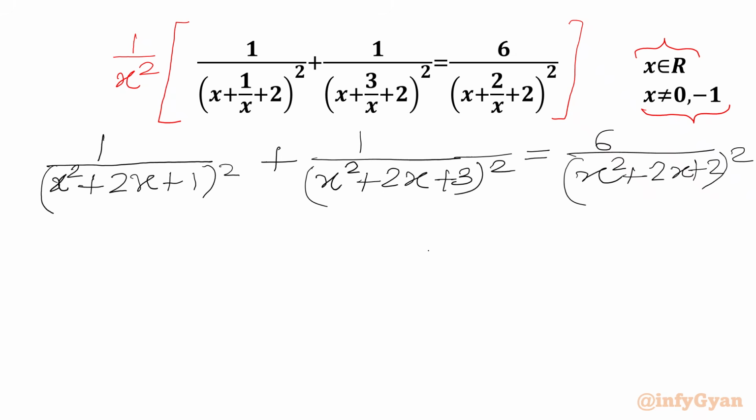Now we are going to multiply the whole equation by this denominator only, x square plus 2x plus 2 whole square.